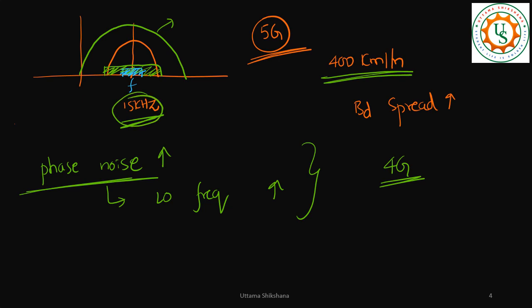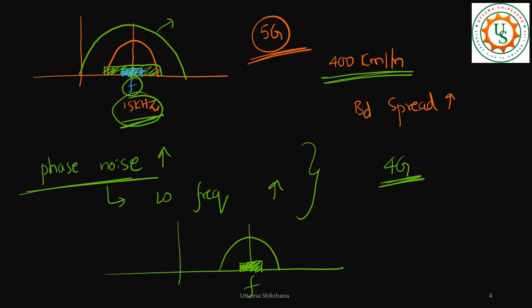Phase noise creates a spread of signal at more frequencies around the frequency f. In 4G this spread was not significant, and we were able to recover the signal without distortion or intercarrier interference.